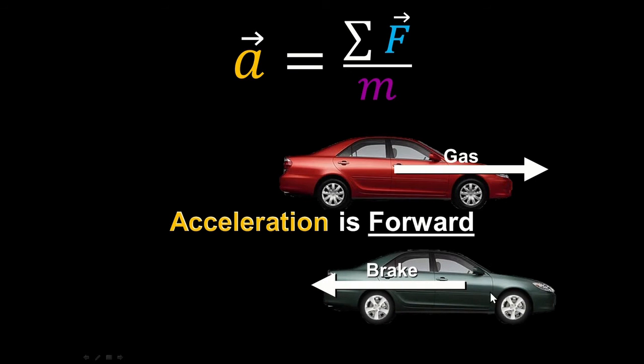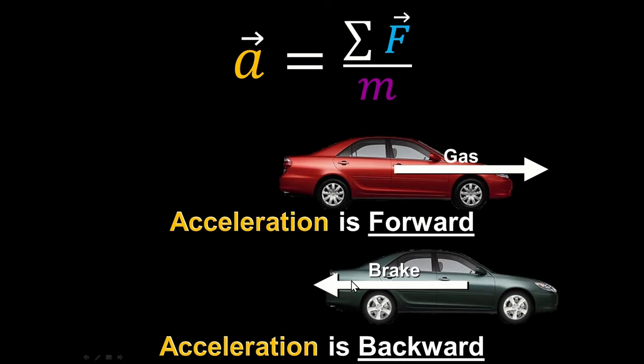And if you hit the brakes, the brake puts a force back to the left, so the acceleration would also be back to the left. We talked about this when we talked about simple kinematics, but the car could be moving to the right, but accelerating to the left. If it's moving to the right and accelerating to the left, it's slowing down.